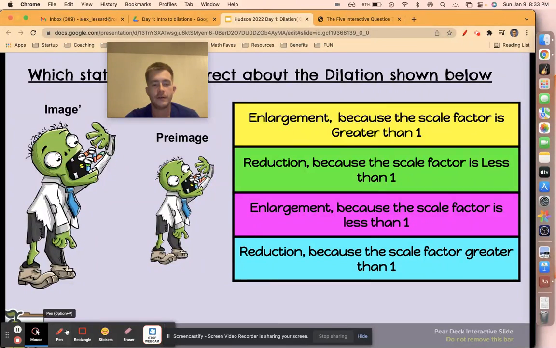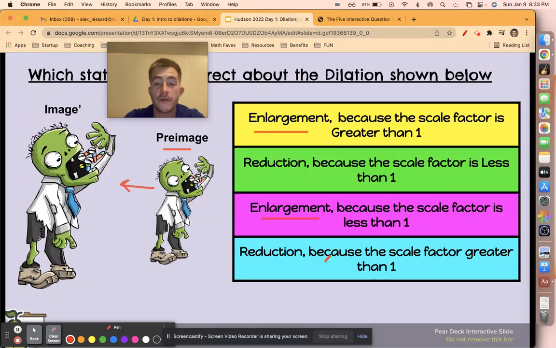Pre-image. So we started with. So from here to here, we definitely got bigger, which means that is an enlargement. So we're choosing between yellow and pink here. Enlargement is when a scale factor is greater than 1. So that means yellow would be correct. Let me put a big old star by yellow. Okay.